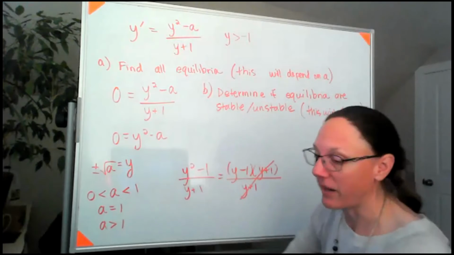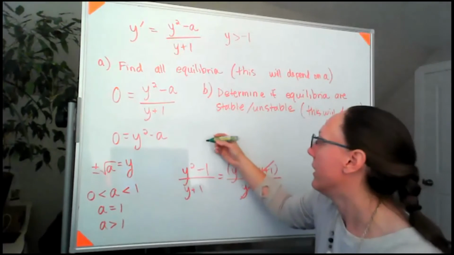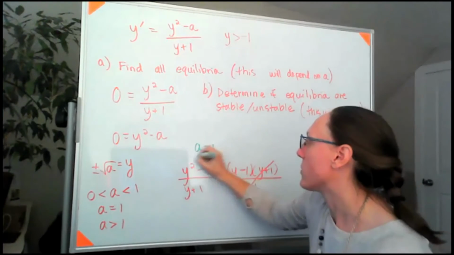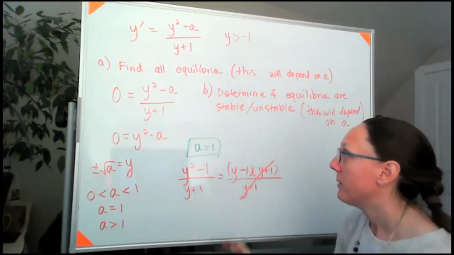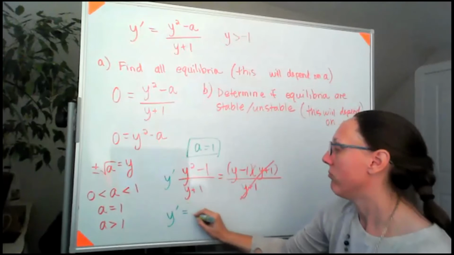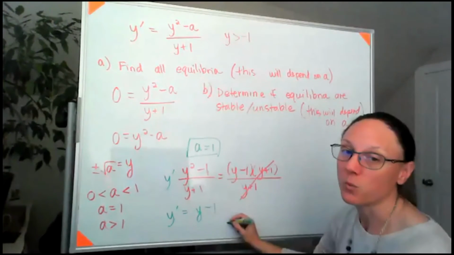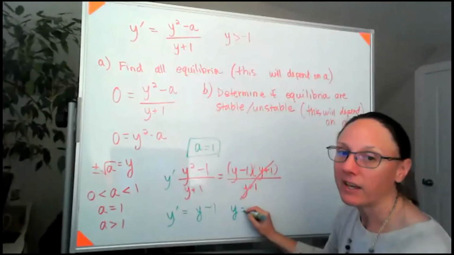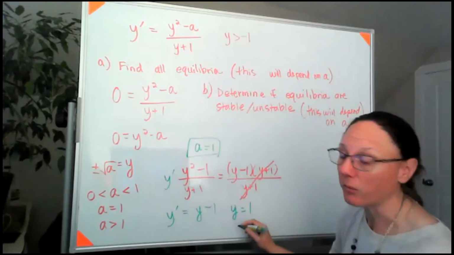So this is my a equals 1 case right here. If a is equal to 1, then our y prime equation simplifies to just y minus 1, which would mean that y equals 1 is the only equilibrium.